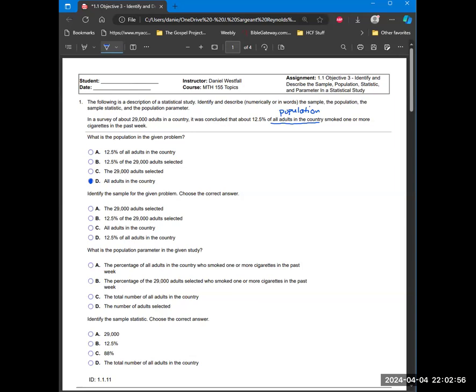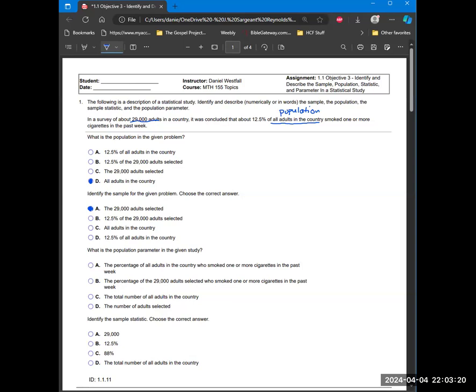Identify the sample for the given problem. That would be the 29,000 adults that are selected. So that's option A. What is the population parameter in the given study?